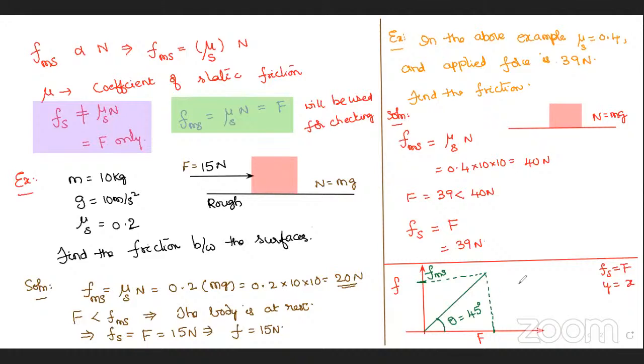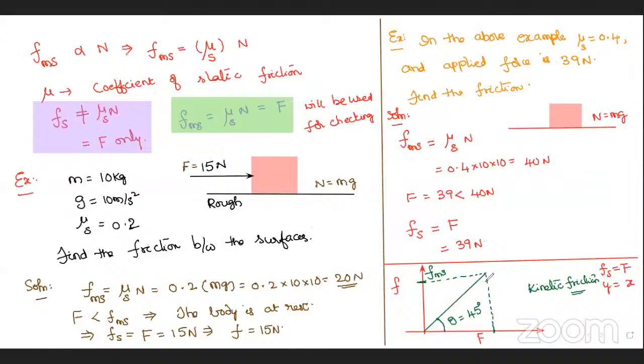When the body comes into motion, the friction is called kinetic friction. Once the body is in motion, the kinetic friction is constant, unlike static friction, which is self-adjusting.